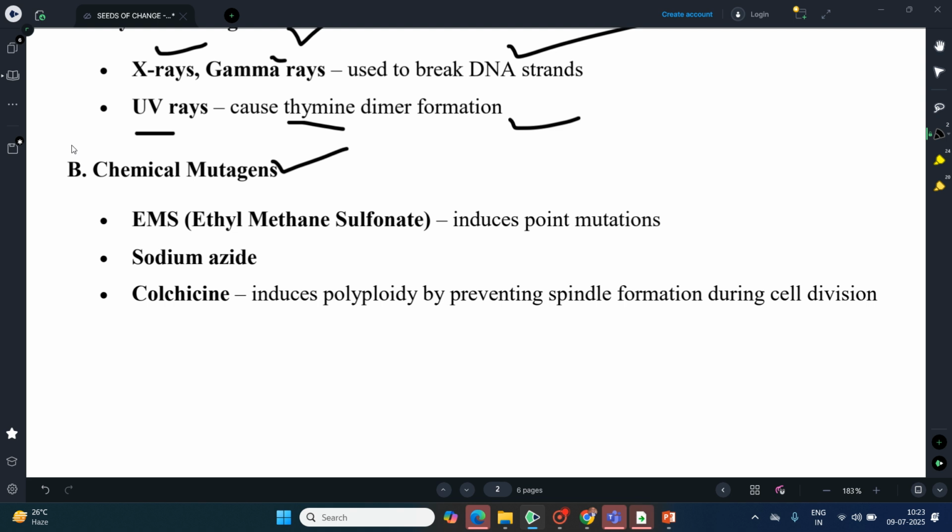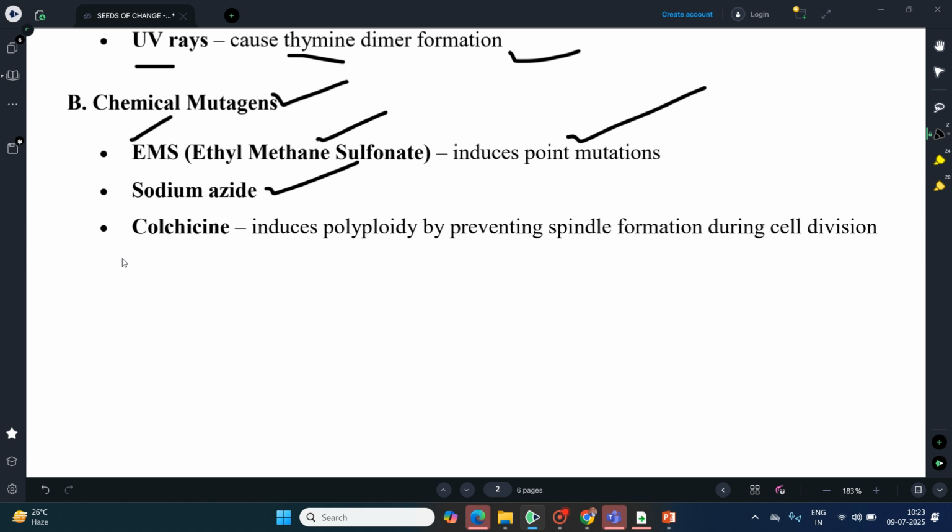And the chemical mutagens are many, and I listed out only a few. EMS, ethyl methane sulfonate, that induces point mutation. Sodium azide, the second chemical, and most commonly used is colchicine, which induces polyploidy by preventing spindle formation during cell division, that may be mitosis or meiosis.